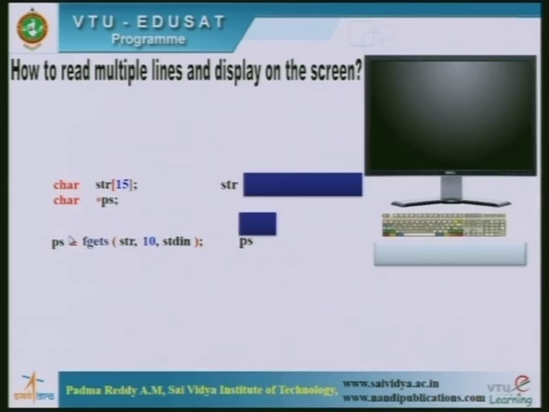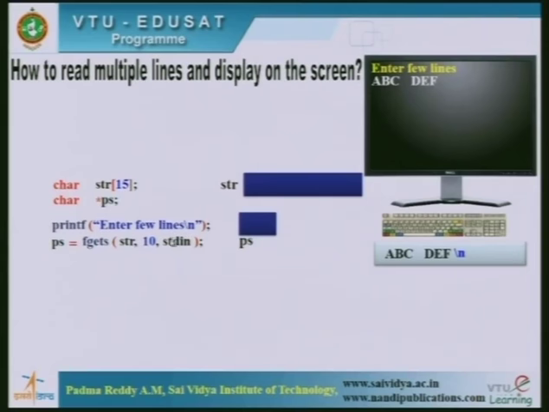So first, if I say printf, enter a few lines, that will be displayed on the screen. By looking at this statement, if you type abc, abc will be displayed. If you type def, def will be displayed. If you type \n, the string which is there in the keyboard buffer will be copied into which variable? str. So it means read how many characters? 10 characters from where?